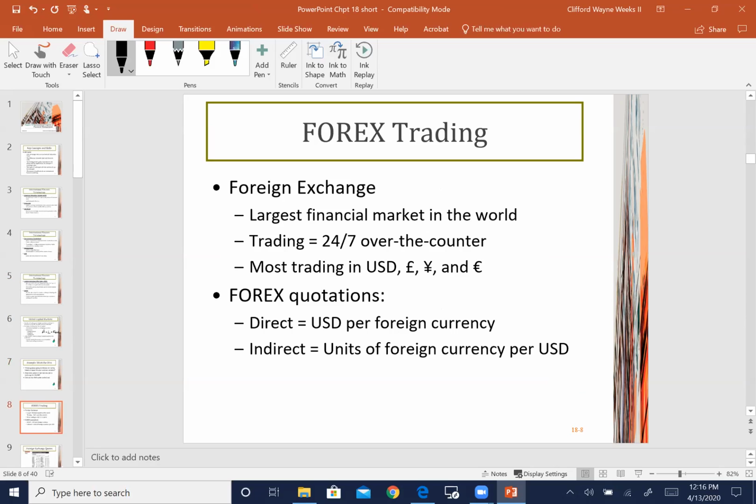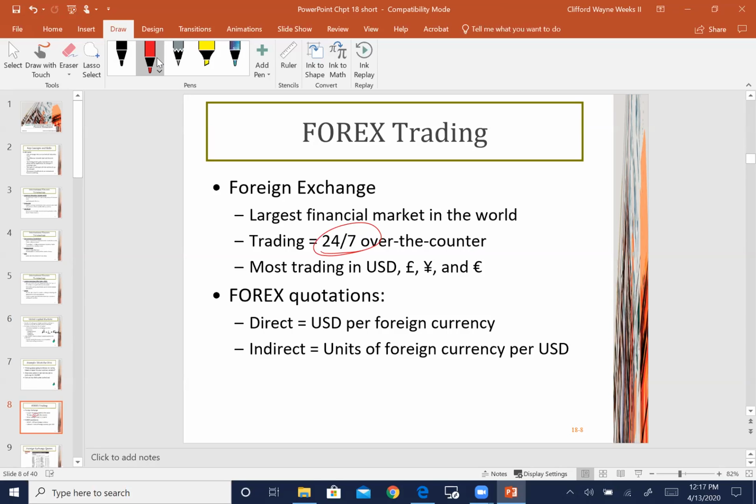When we're doing foreign currency trading, the foreign currency exchange is considered to be the largest financial market in the world. It trades 24/7, around the clock, and most trading is done in either U.S. dollars, the pound, the yen, or the euro.